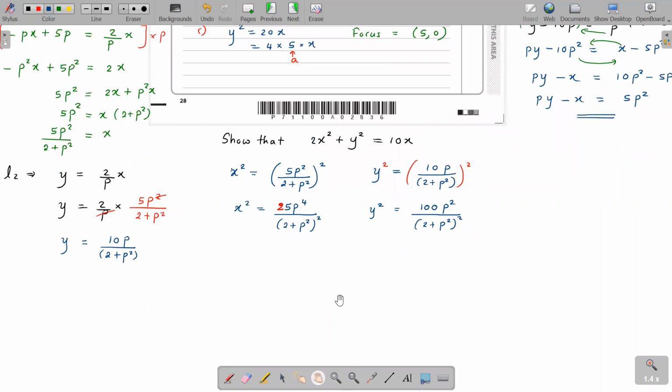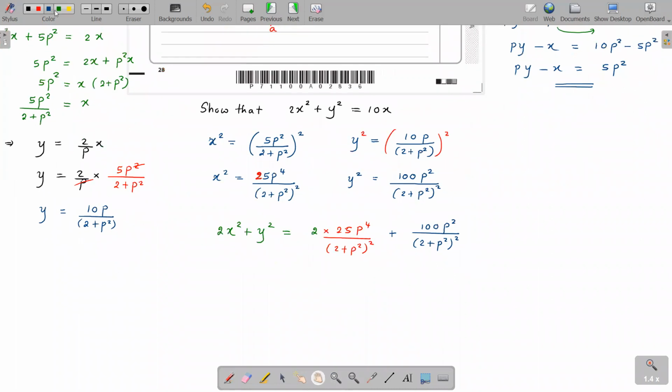Okay, now shall we try 2x square plus y square? Add it and see. 2 times x square is 25 p to the power 4 over 2 plus p square, squared. Adding y square, which is 100 p square over 2 plus p square, squared. Now, do I need to take any common denominator here?